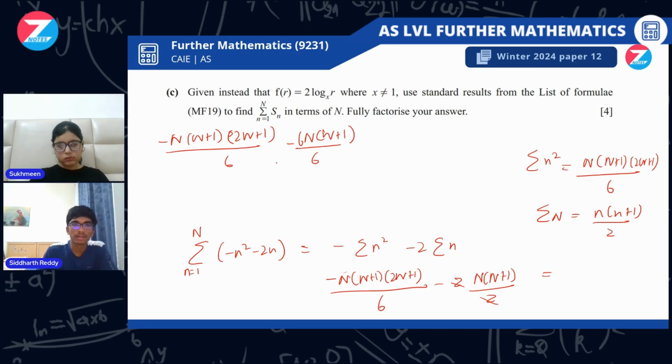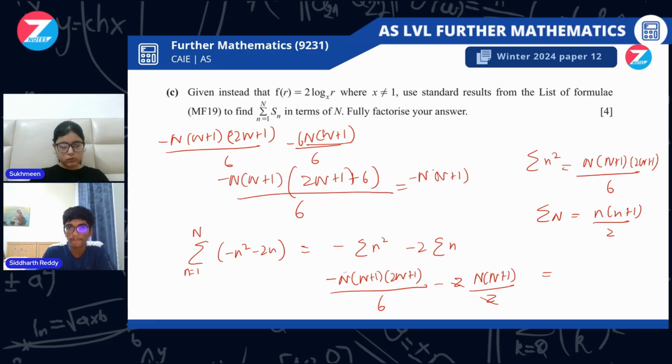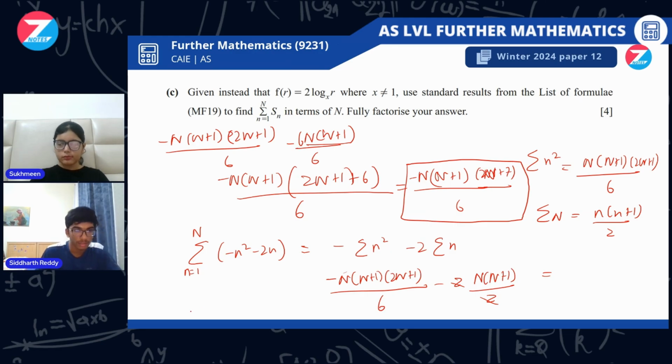And finally what we get is, and we can also factor out the n and n plus 1. So minus n into n plus 1 into 2n plus 1 plus 6 by 6. So this becomes minus n into n plus 1 into 2n plus 7 by 6. Let me just write that a little neatly.